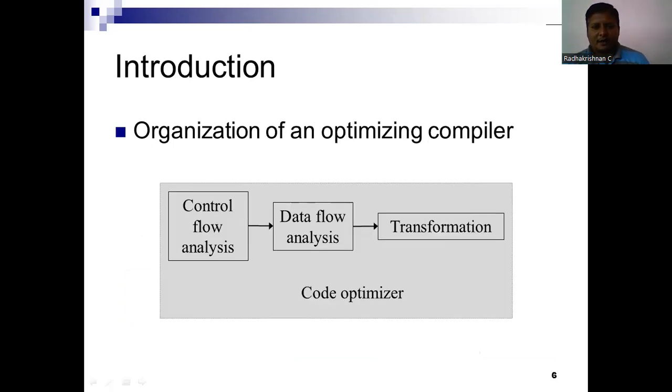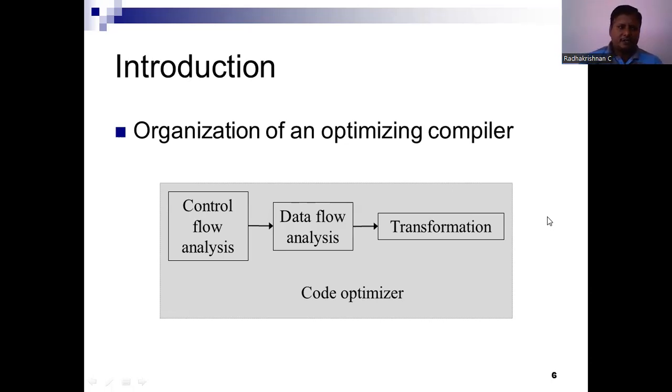The organization of the optimizing compiler focuses on control flow analysis, data flow analysis, and transformations. The code optimizer will focus on these three points.